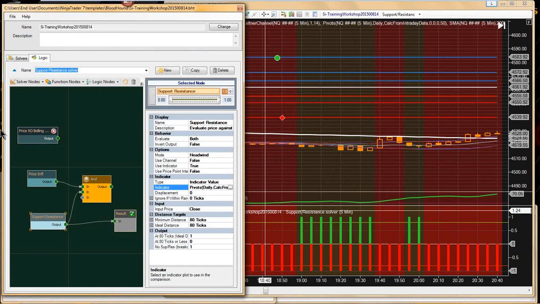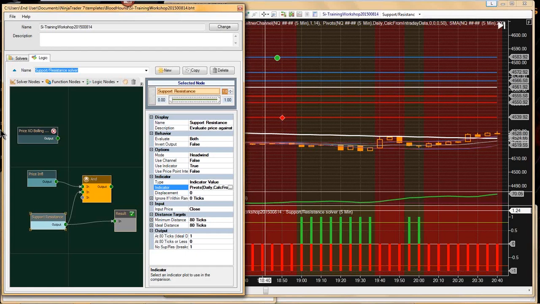All right, so Frank, I'll address your question after I'm done explaining the support resistance solver. Frank is asking, can the support resistance solver be used to generate a signal when there is a breakthrough? If price breaks through a support resistance line, can the solver generate a signal? Yes, and that would be tailwind mode.